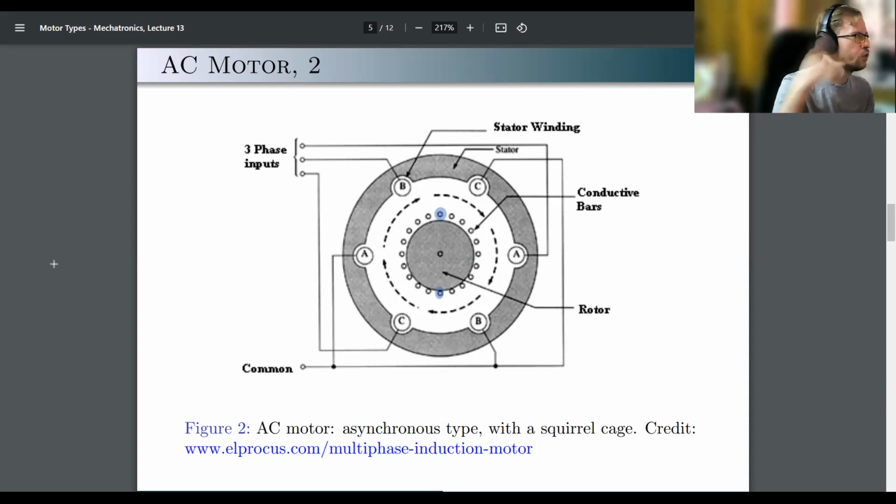And if you have more of them, more of the circuits, you have a stronger magnetic field, which is why people use what they call a squirrel cage. So they put not only one frame, but many frames. Like this is a separate frame going like this.